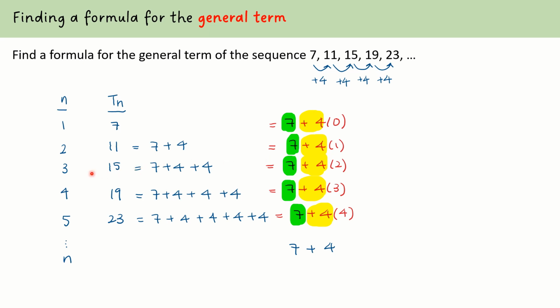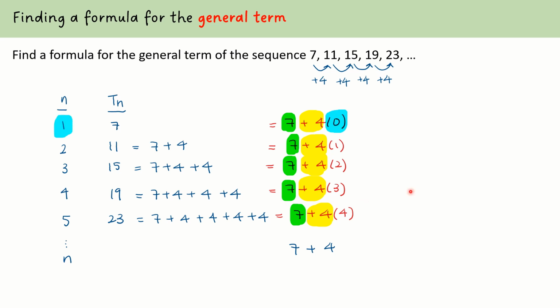For term number 3, the number in the bracket is actually 2. Not sure whether you see any pattern going on, but in fact, it is always a minus of 1 from the term number. So from 4 over here, when I minus 1, I will get 3, and 5 minus 1, I will get 4.